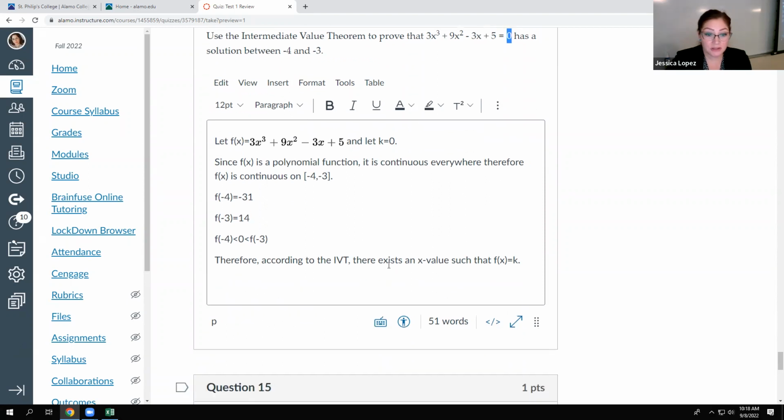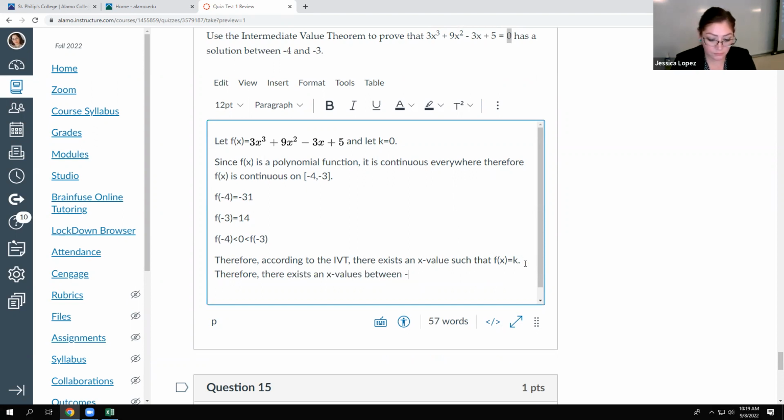So if you're telling me that the intermediate value theorem says that if the x value exists that makes that equation true, then you have shown me that there's a solution there. Now I'm lazy. I'm not going to write the whole function again. So I'm just going to say f of x equals k.